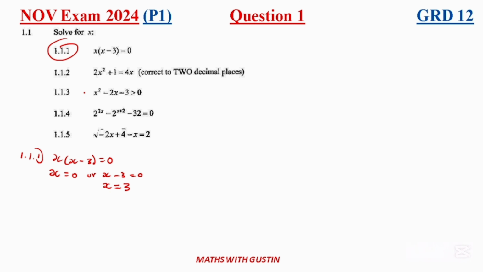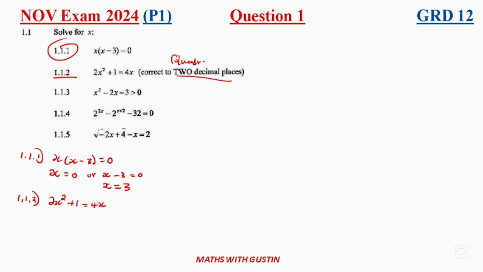All right, so moving right along, 1.1.2. It says here 2x squared plus 1 is equal to 4x. It says solve for x correct to 2 decimal places. You know, when they ask you for 2 decimal places, they are asking you to use what? A quadratic formula to solve for this.